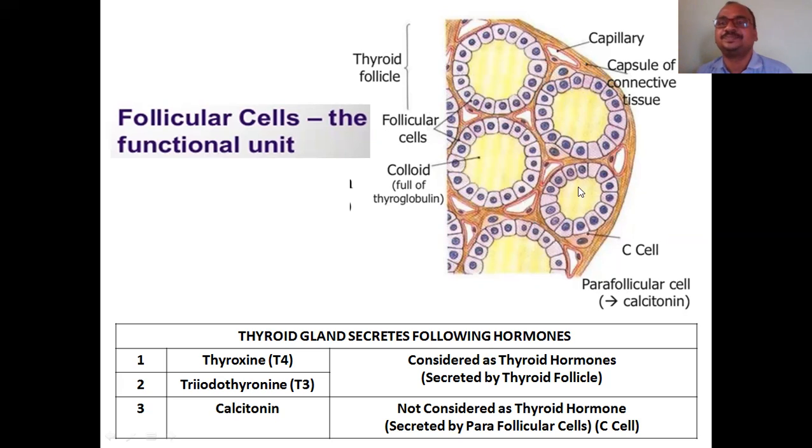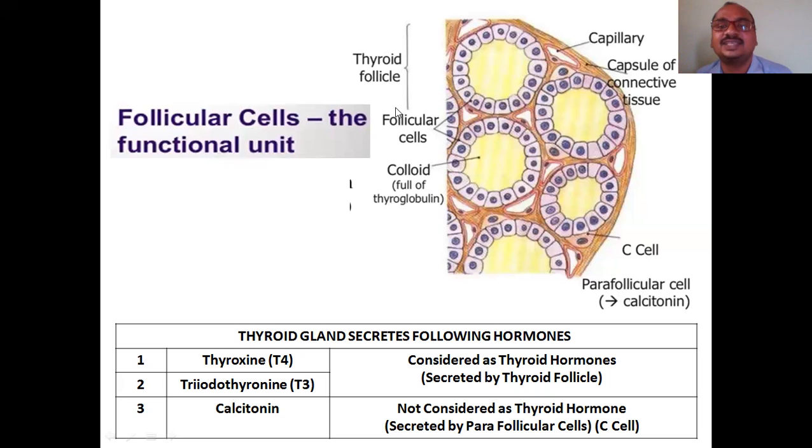Now you can see these are the capillaries present at the side of the cell, small blood capillaries, and this is called the capsule. The capsule is always present outside, not inside, because it covers. C cells are there. A C cell is also called a parafollicular cell.